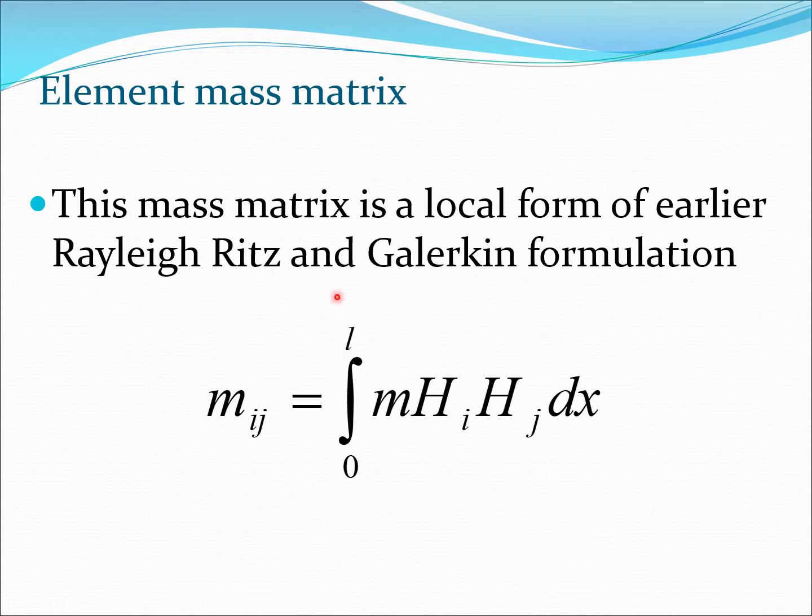It doesn't go from 0 to R, the entire length of the blade or beam. It goes from 0 to L. And the shape functions are also valid only locally at an element level. So this is the major intellectual change which happened from the globally focused Rayleigh-Ritz and Galerkin formulations to the locally focused FEM formulation.